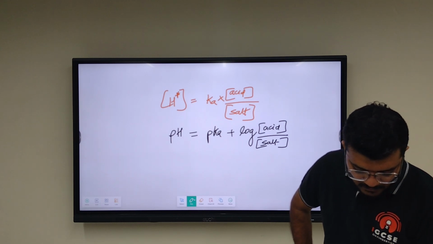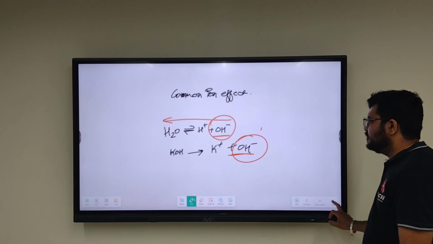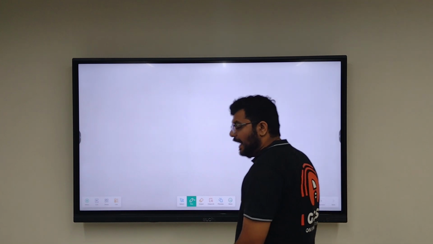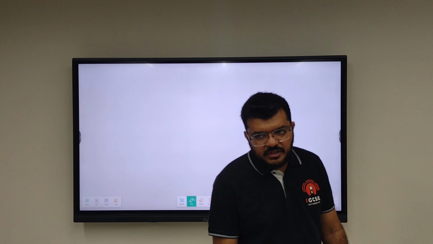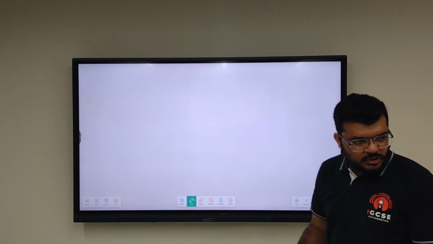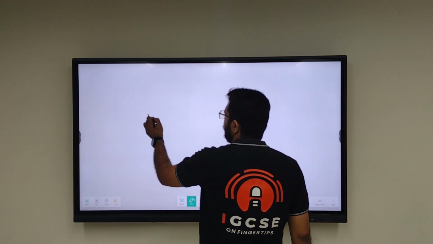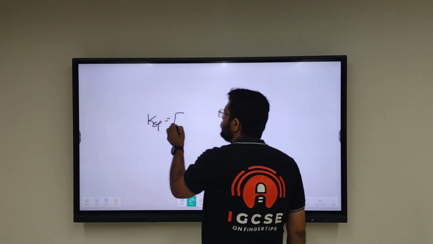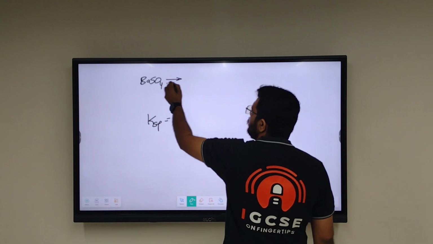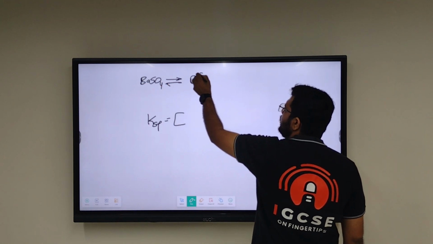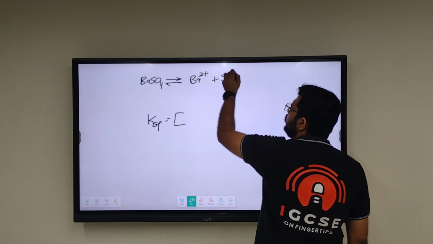Then we have KSP. What Shaurya was asking, that sir, what will happen if the reaction does not go to completion? So we first find solubility product. How much of this does dissolve? KSP is, let's say, barium sulfate, right? This will form Ba2 plus and SO4 2 minus.